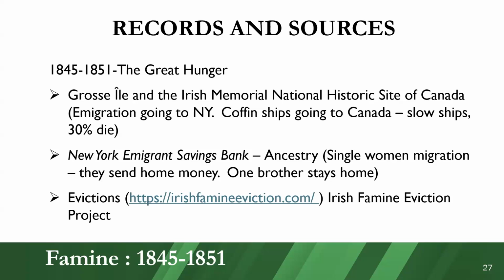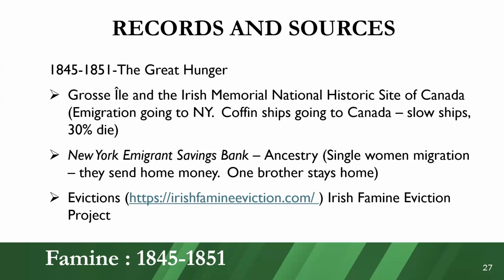There's also a couple of New York Immigrant Savings Banks and other locations that were specifically designed to help a particular ethnic group. In this particular instance, this Immigrant Savings Bank was for the Irish. So for example, maybe one of the daughters would come over and work as a maid or a housekeeper. She would save up her money, put it in the bank, and then when she had saved up enough, she would send that money home to Ireland.